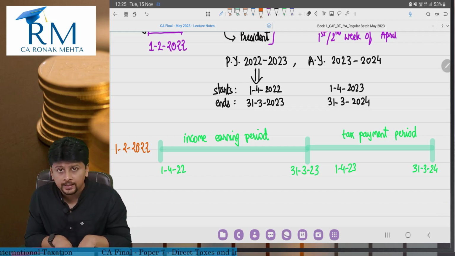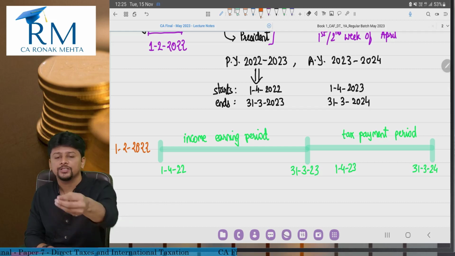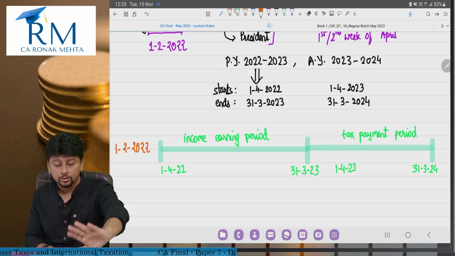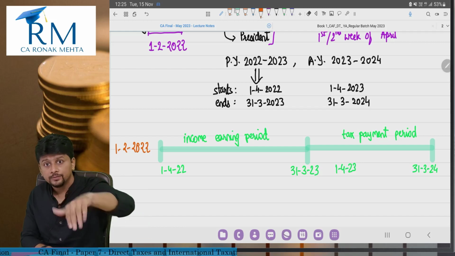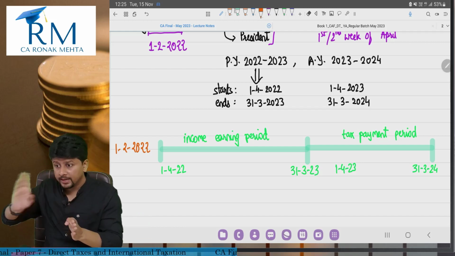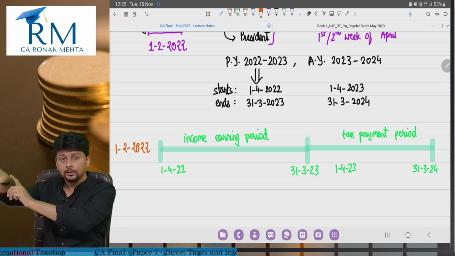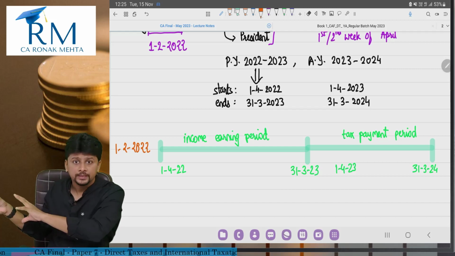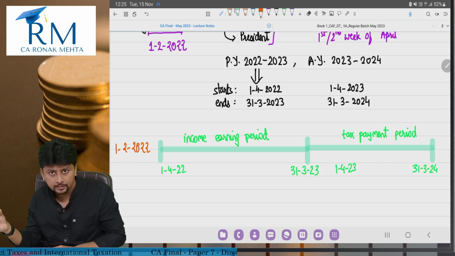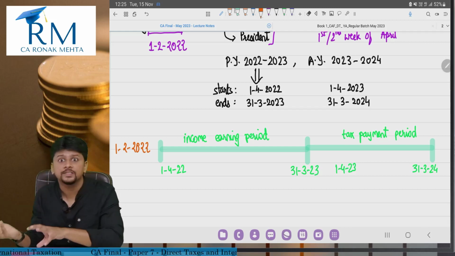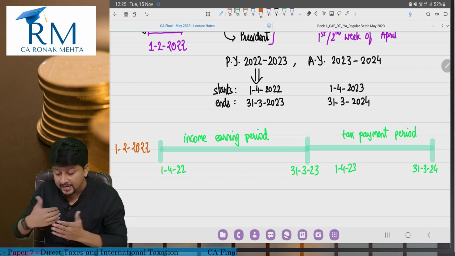On 1st February 22, the government is saying, we propose that we will tax you like this on the income that you will earn starting from 1st April, 2 months later. 2 months later, when you start earning income from April 22 to March 23, you will file your return in the next year. Will you pay tax at 10% or 20%? 30% or 40%? Surcharge will be 10% or 15%. Health and education cess will be 4% or 5%. All of that is proposed, is announced in February 22 in advance only.